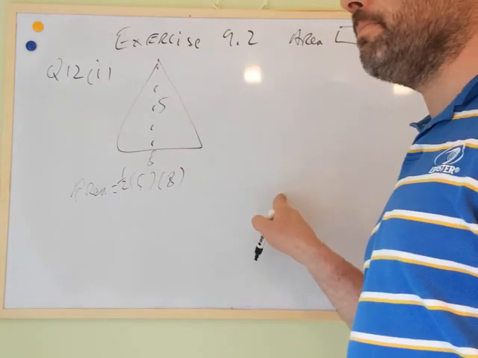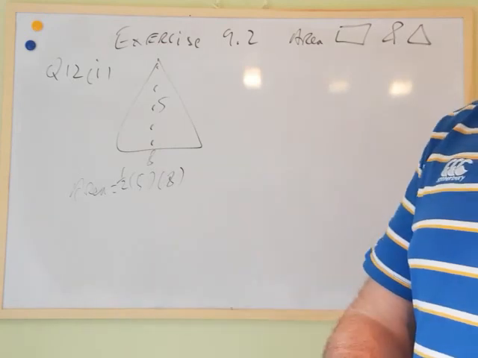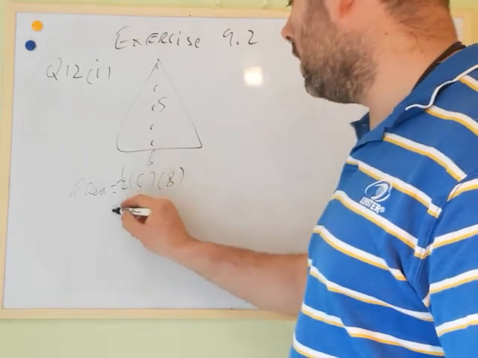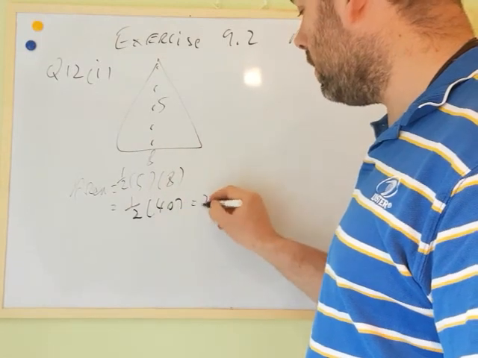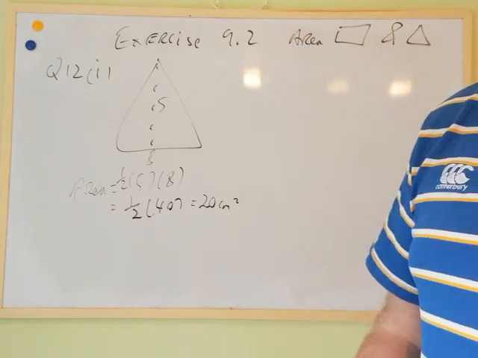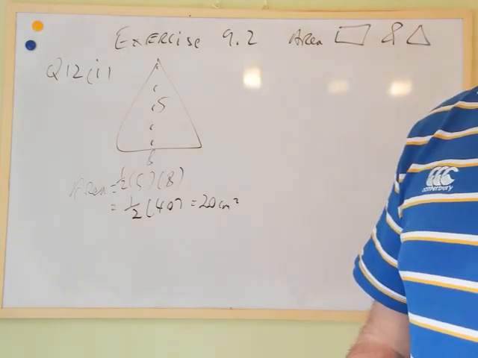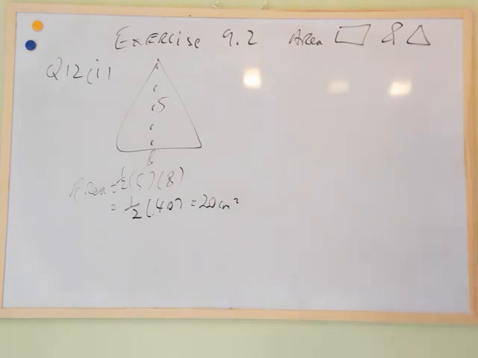It's half the base by the height. So that was actually a mistake at the start of the video. So the previous video I uploaded, I know I did do it correctly. So that's going to be a half by 40, because 5 by 8 is 40, which is 20 centimeters squared. So sorry, half the base by the height. Apologies. Okay? And the rest of question 12 are all like this.